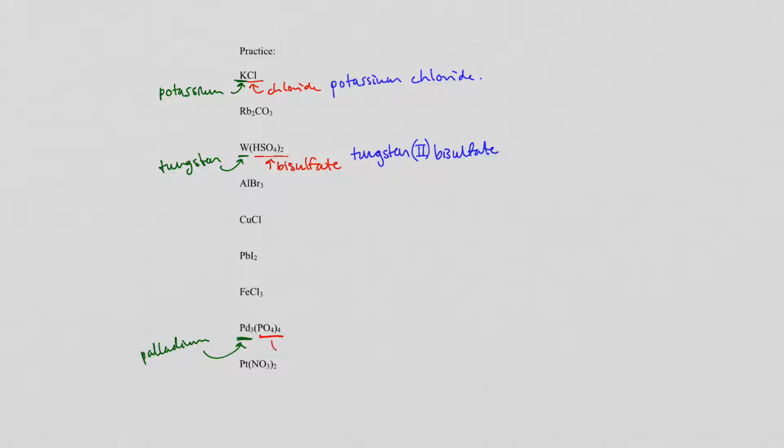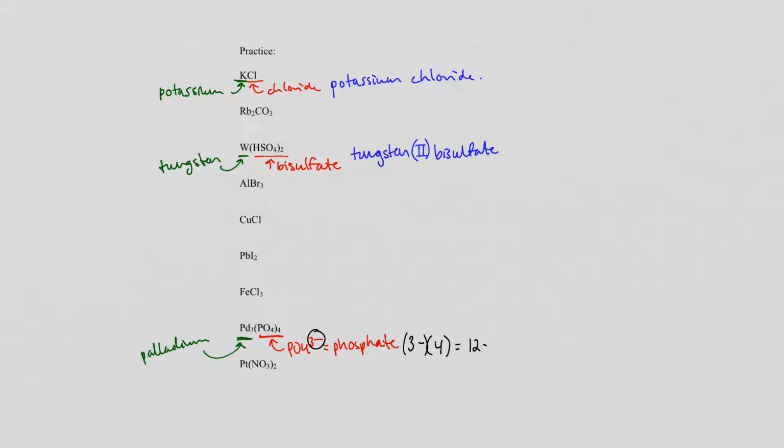So remember, our PO4 anion is phosphate, right? So each phosphate anion has a 3- charge tacked onto it, 3- charge times 4 is 12- altogether.